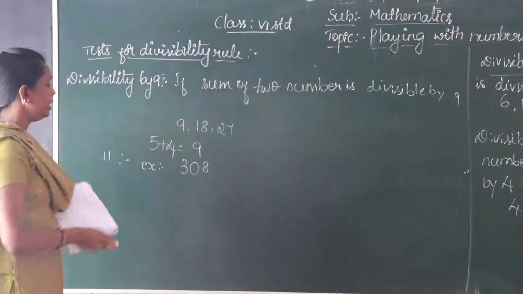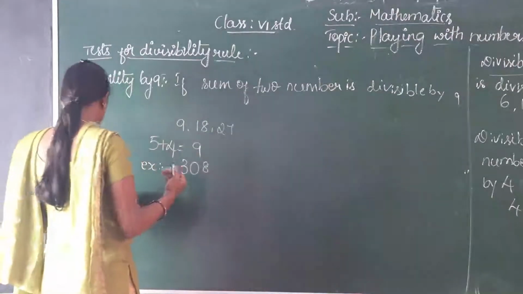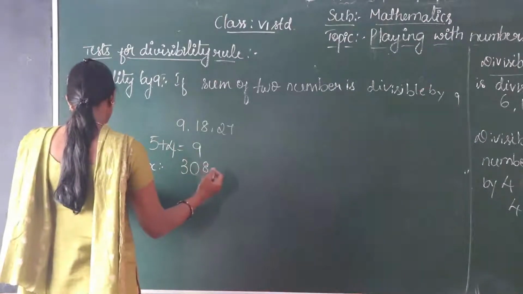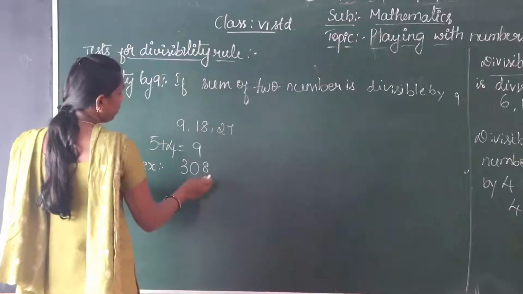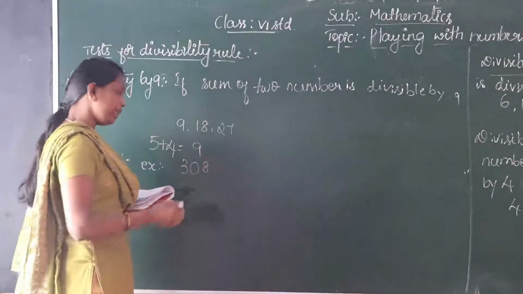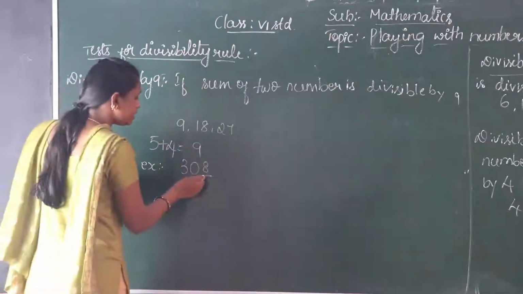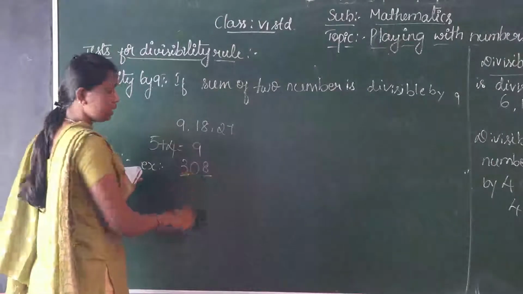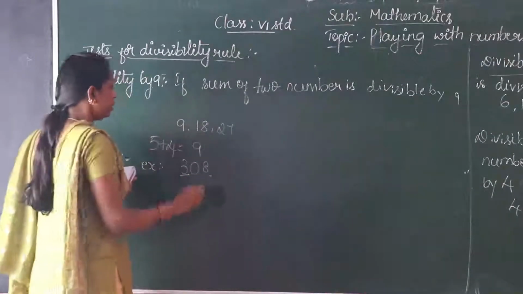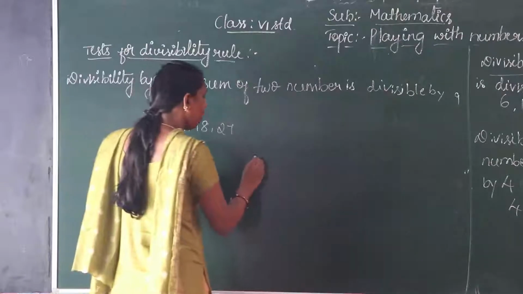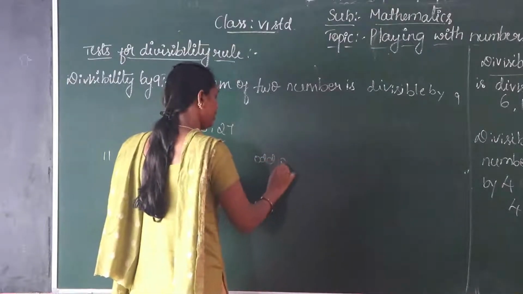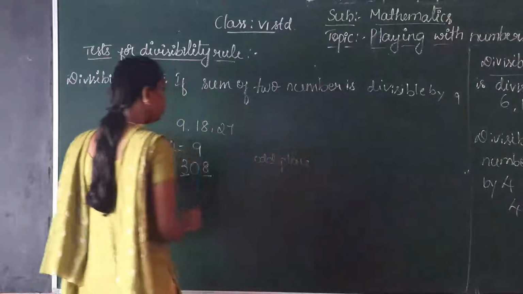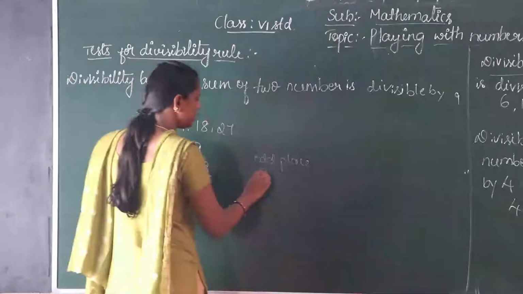Observe carefully. We take the sum of the digits in the odd places. Here, the first and last digits are the odd places, and the center one we call the even place. First we add the odd place digits, 3 plus 8.